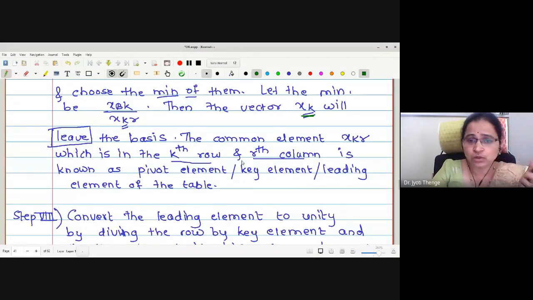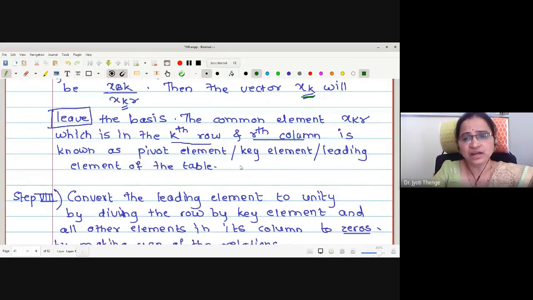Therefore, the kth row will leave the basis and the rth column will enter the basis. The variable corresponding to the kth row will leave, the variable corresponding to the rth column will enter, and the intersection of these two is xkr, which we call the pivot element, key element or leading element.